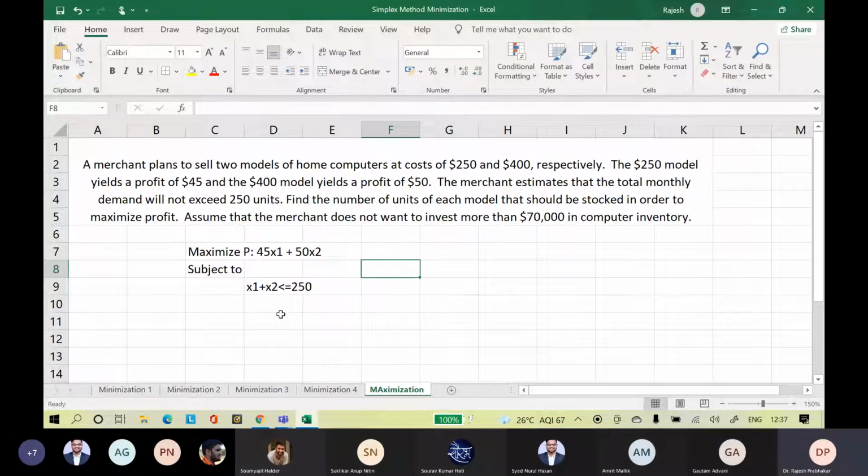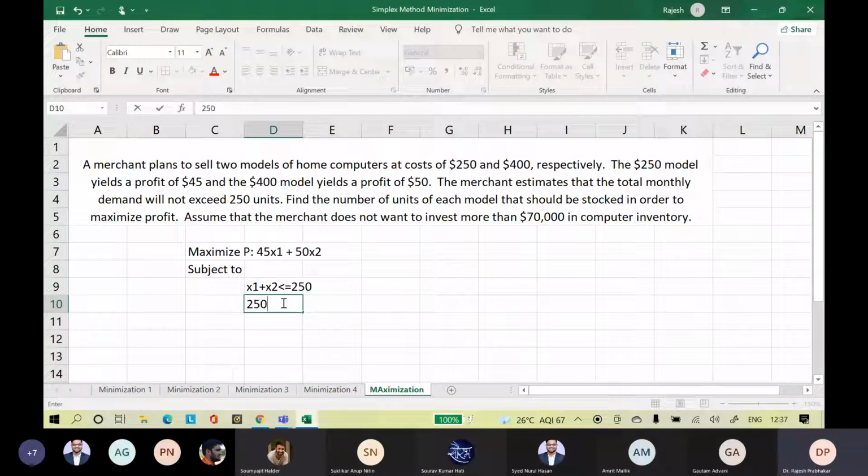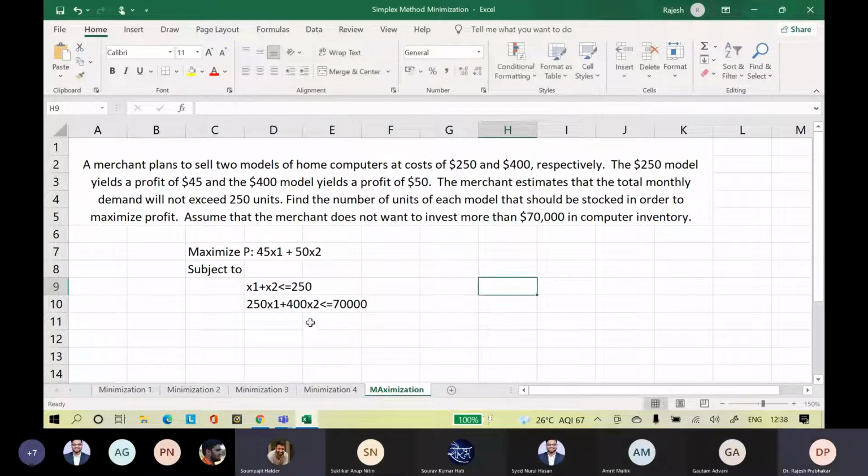And then this would be 250 x1 plus 400 x2 less than equal to 70,000, right? Yes, sir. This is the problem.